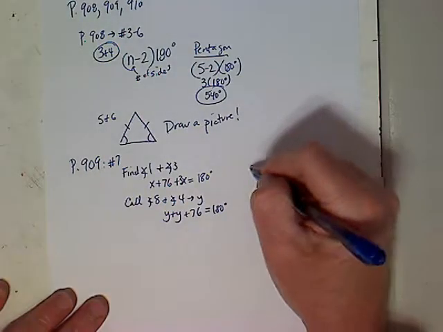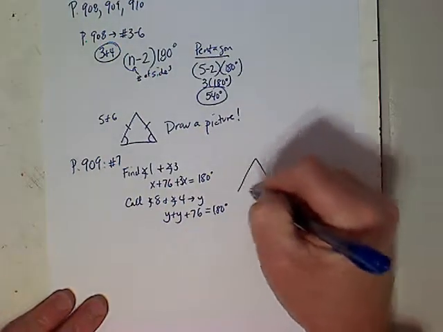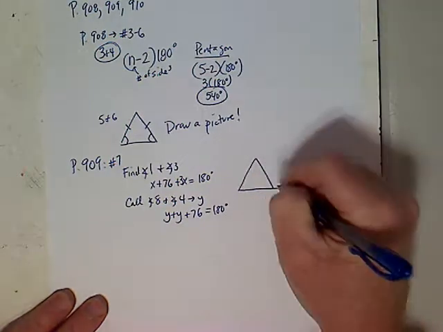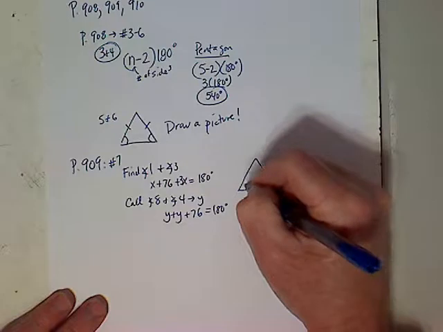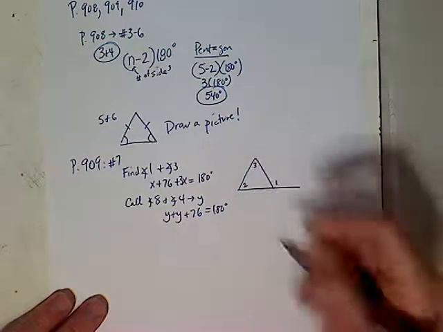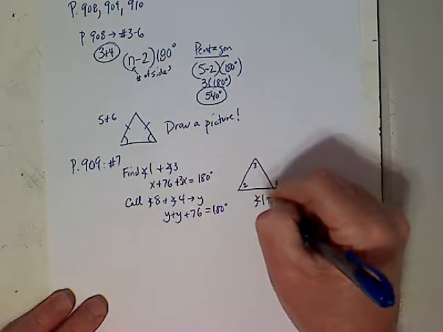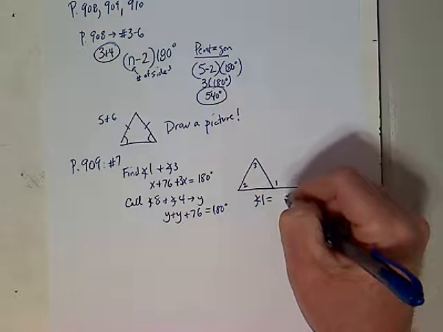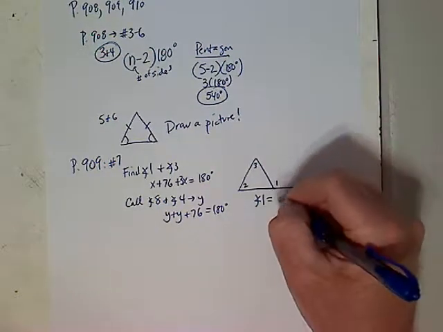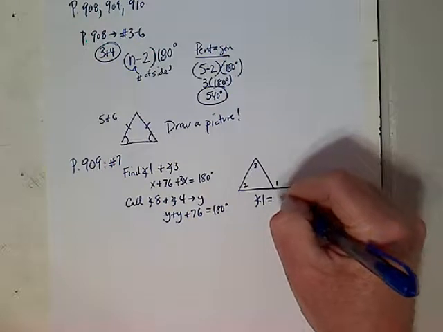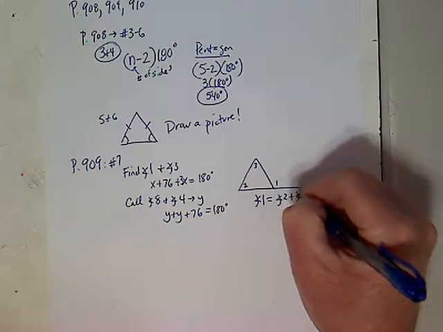A few other things to think about is that exterior angle theorem that we've had come up a few times. If, for example, I call this angle 1, remember that is the sum of angle 2 and 3. So angle 1 equals the sum of the two far interior angles. Remember, this is called an exterior angle. So angle 1 equals angle 2 plus angle 3.